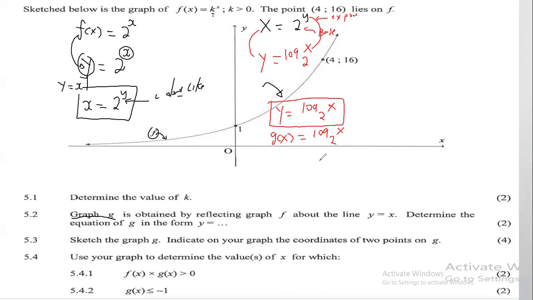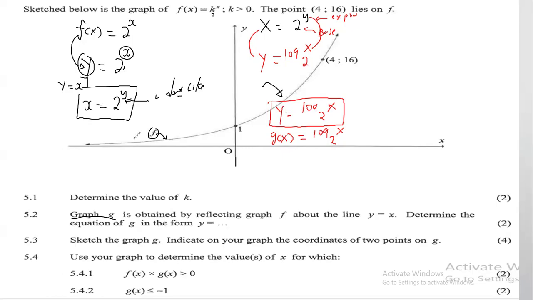So if you are given f, you are told that f of x equals 2 to the exponent x. You are given the function f, and you are asked to reflect it along the line y equals x. So when you reflect f along the line y equals x, you are actually looking for the inverse of f.